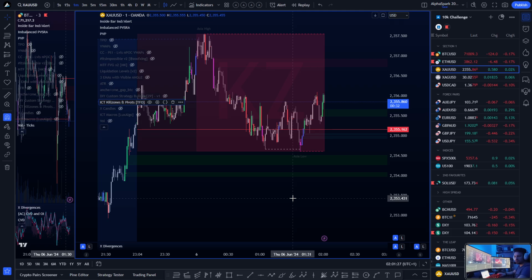So this one ends here, and it ends here and starts here. So the single print is this whole area from here to there. Basically I just open up the TPO tool and see where they exist.